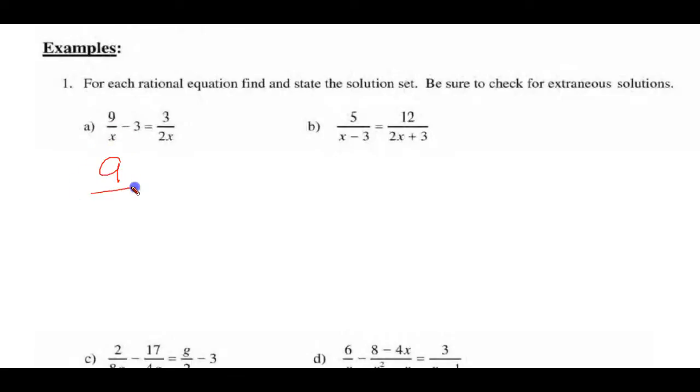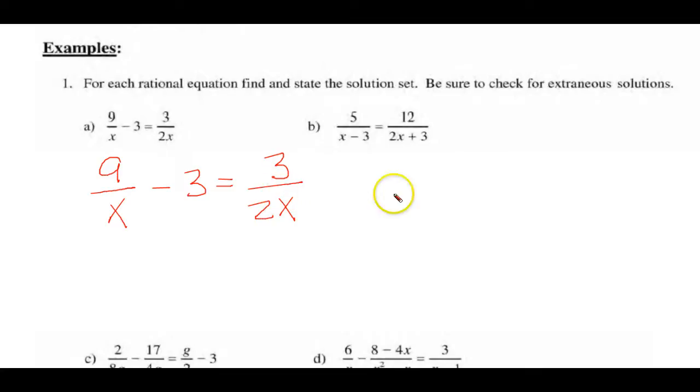9 over x minus 3 equals 3 over 2x. Now, back in Module 1, we said when we had fractions in an equation, you want to multiply each term by the lowest common denominator to get rid of the fractions.